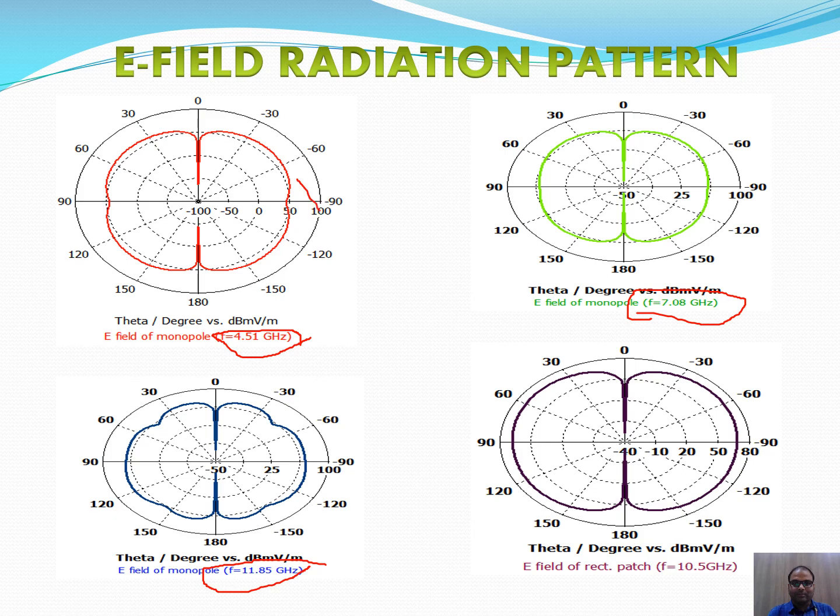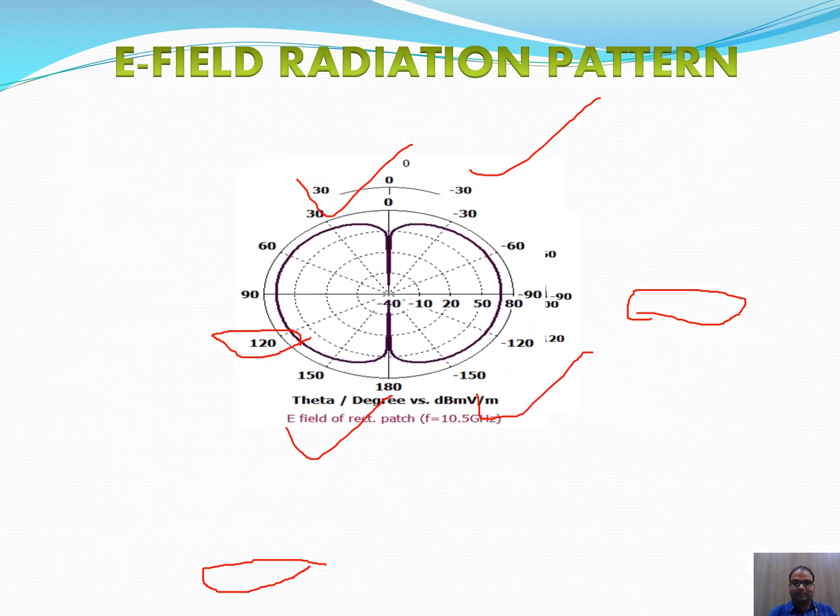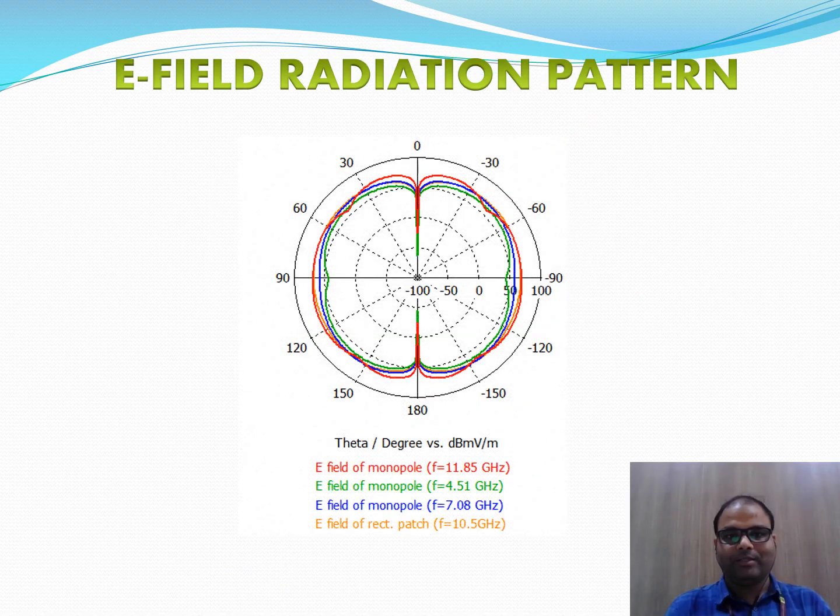Now you can see these radiation patterns are very similar to each other. So that means it can be used for communication and sensing in every direction, in the direction given in the radiation pattern.